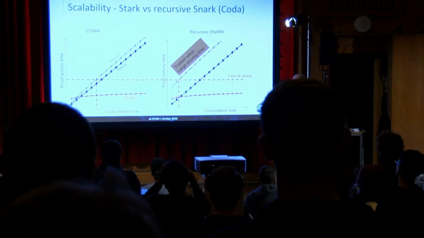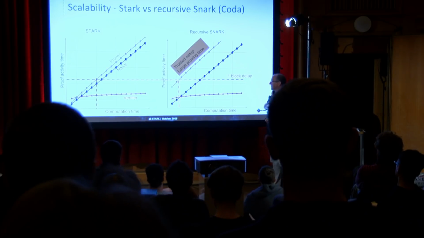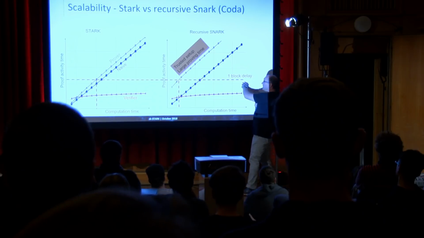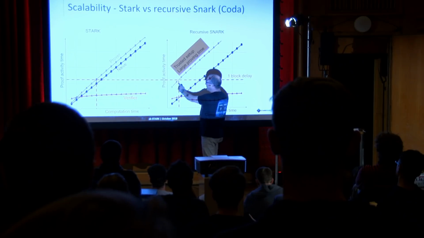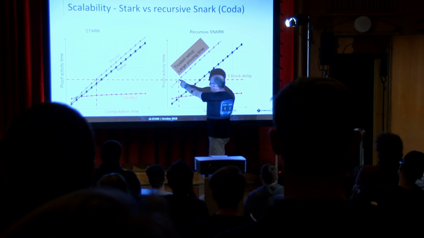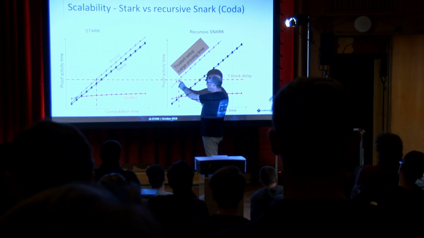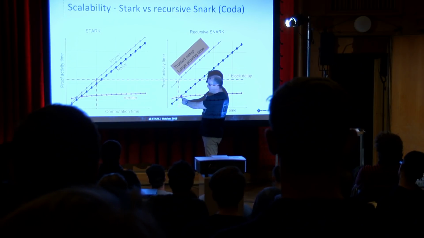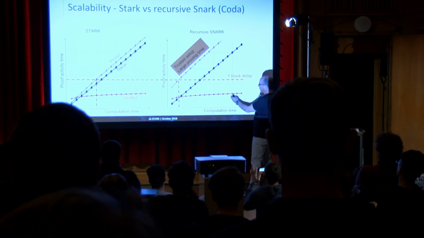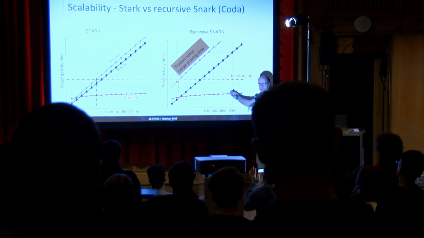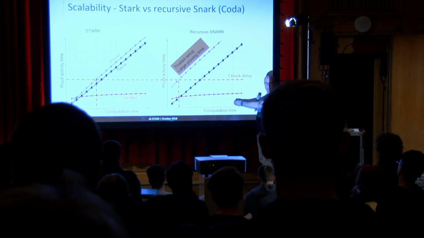So let's suppose you're willing to accept only one block delay. The time you would need, the blow up in generating a recursive Snark proof, might be just too large for you to get any scalability benefit. Because the further down this axis you go, the larger the benefit for the verifier over naive computation.